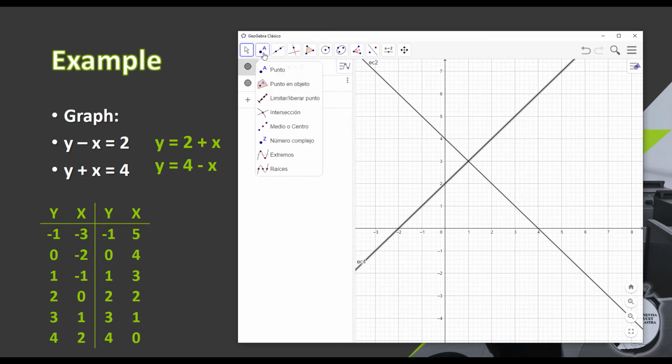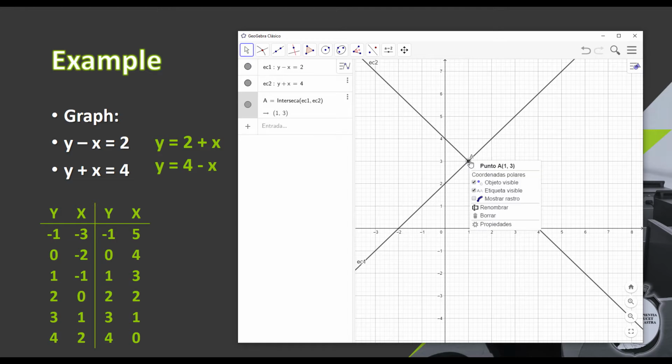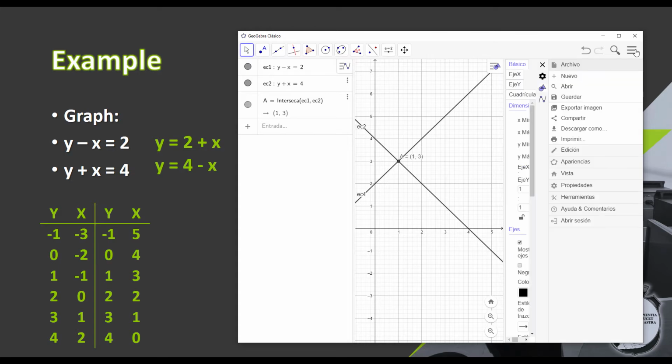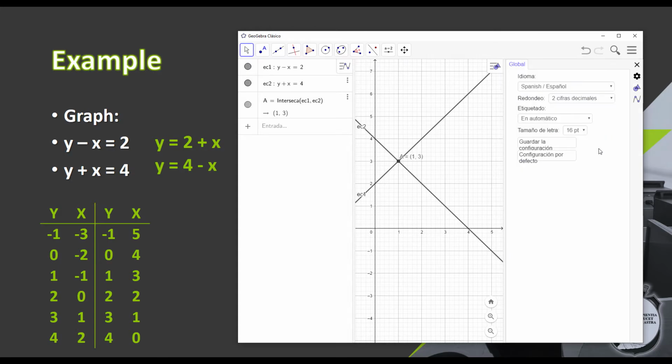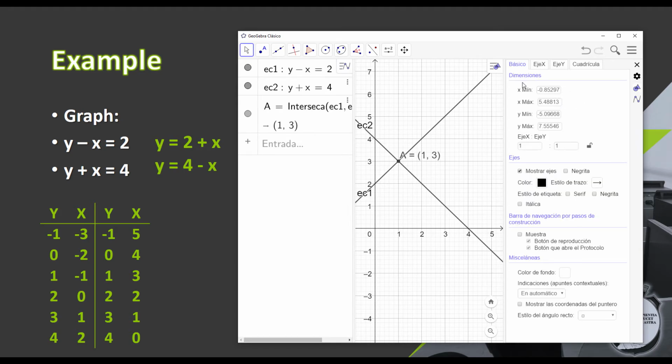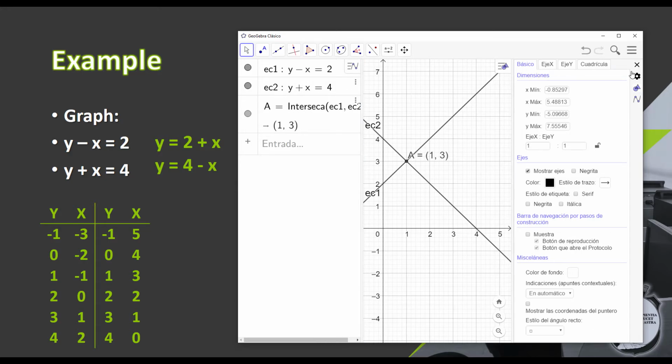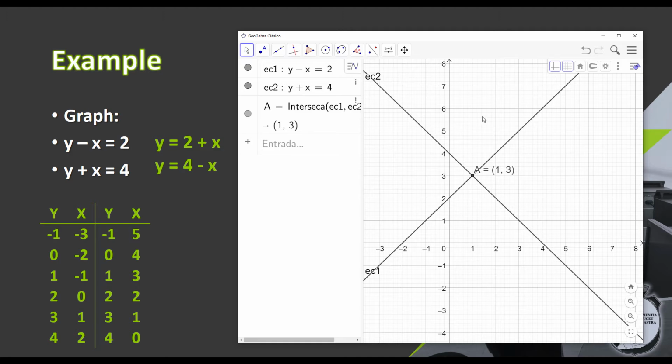The solution is the intersection of those lines.